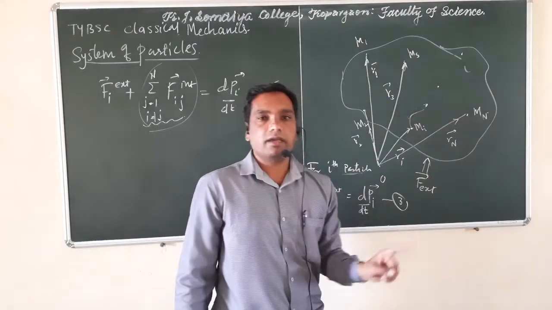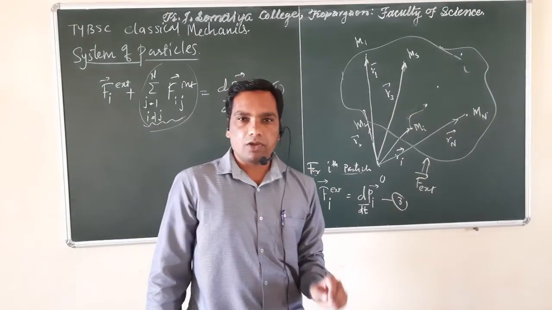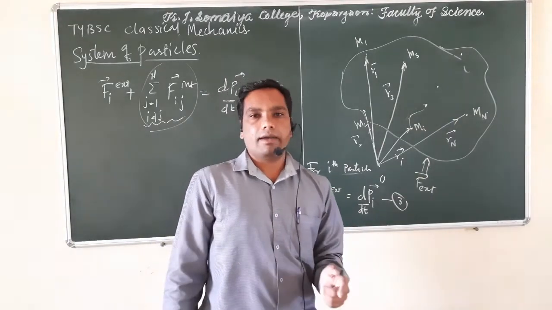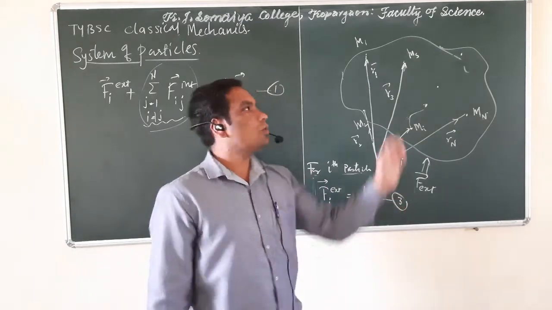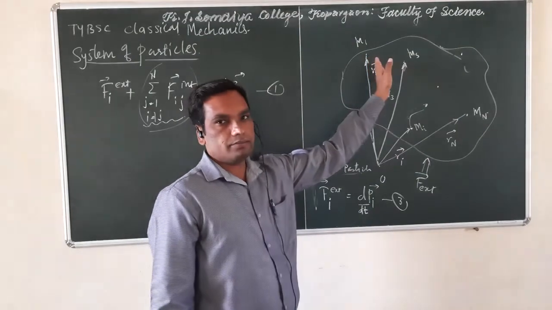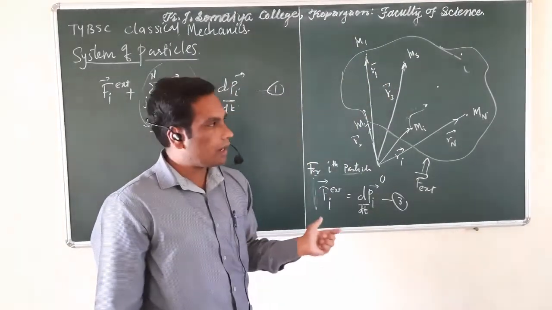That's why we have to take into account internal forces. Here we are applying Newton's second law of motion to the ith particle. Now, how can we calculate those internal forces?